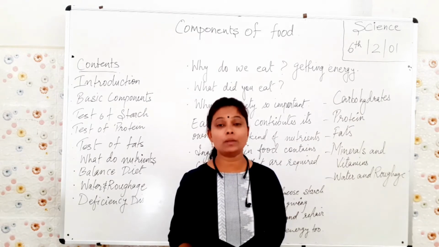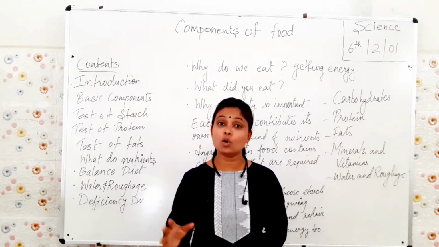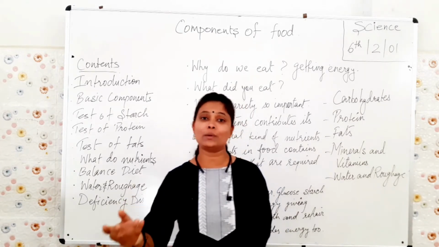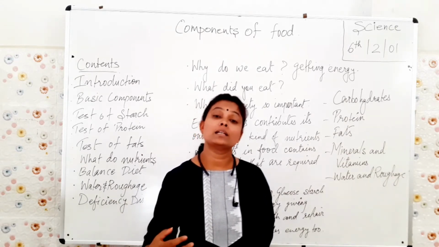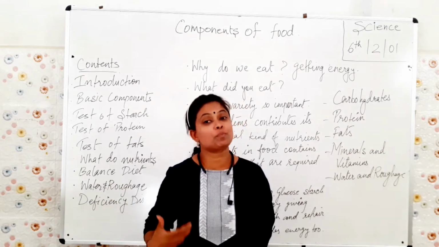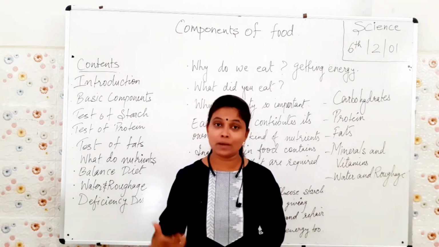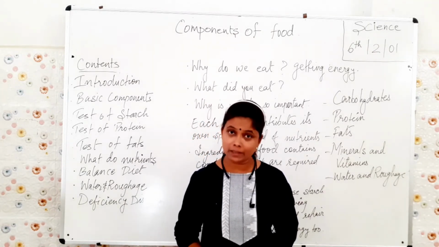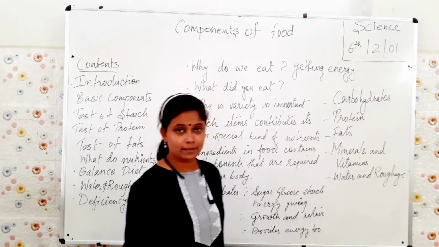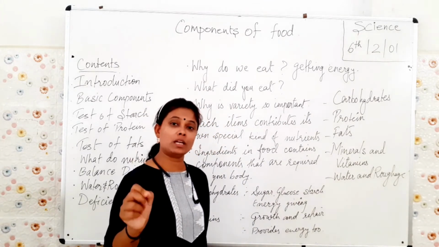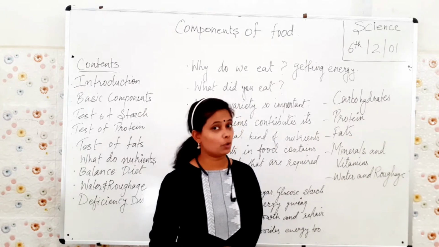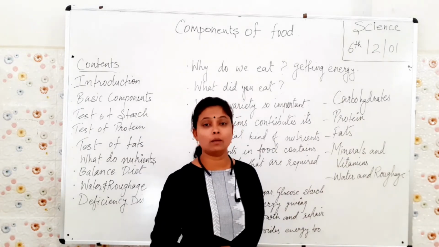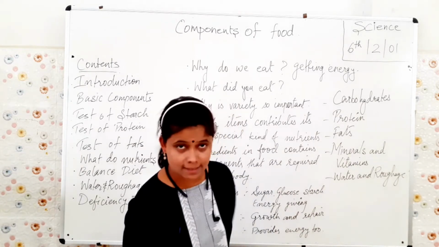So don't be confused, and don't just see what anyone is doing and think you should also do the same. Everyone has a different or special body shape and its requirement. So don't you forget that you have to eat what is required by your body, and if you don't know, your parents can help you out in such cases. Okay.